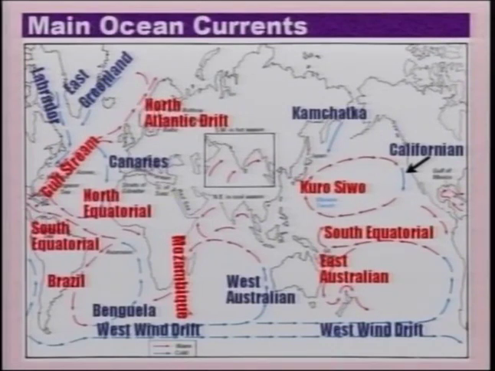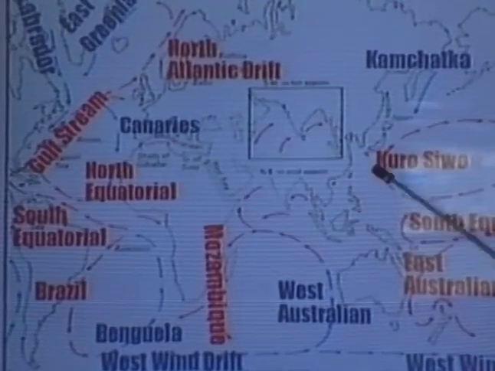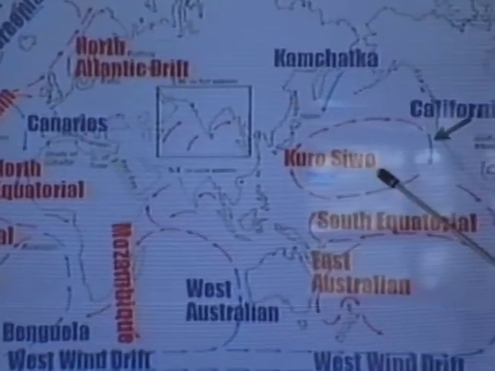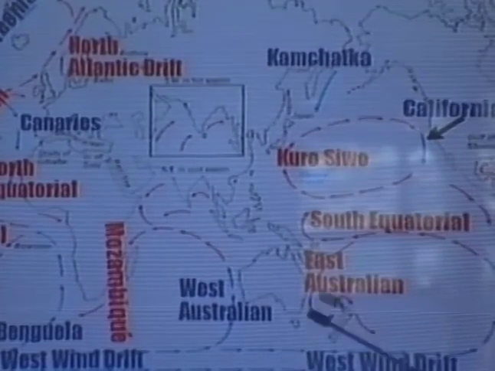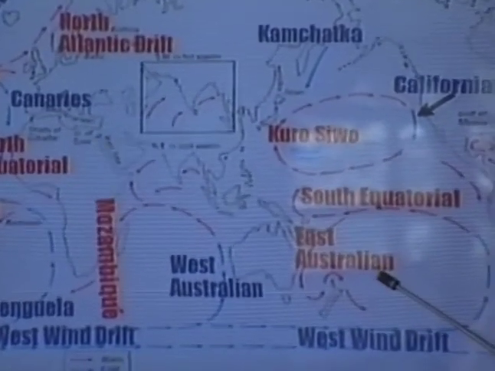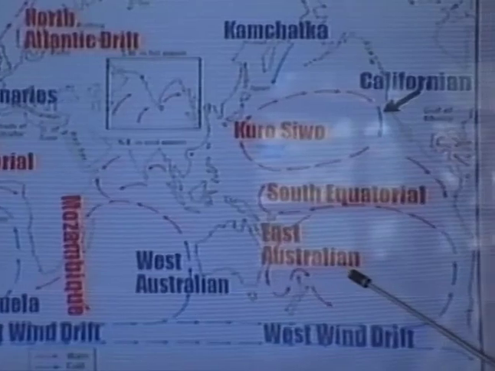Some of the warm currents are the South Equatorial Drift and the North Equatorial Drift. The Gulf Stream is an example of a warm current. The North Atlantic Drift is an example of a warm current. Kuroshio in Japan, an example of a warm current. The East Australian Drift, which is a warm current.